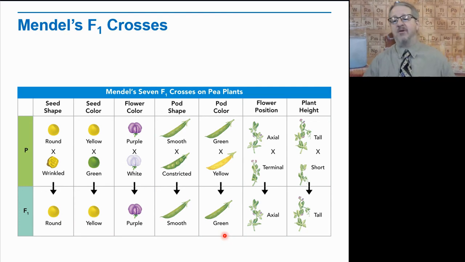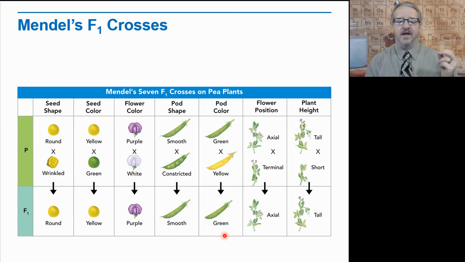Now, we're going to find out once we learn more about crosses that there are traits that have a mixture of both, and there are all kinds of rules that will help us keep them straight. But for now, what's important to understand is that there's a dominant allele and a recessive allele, and each gene has two alleles.